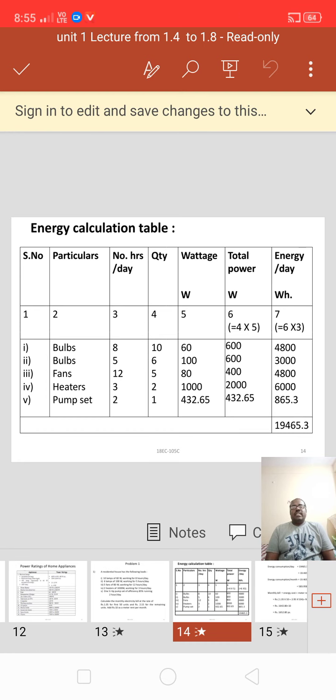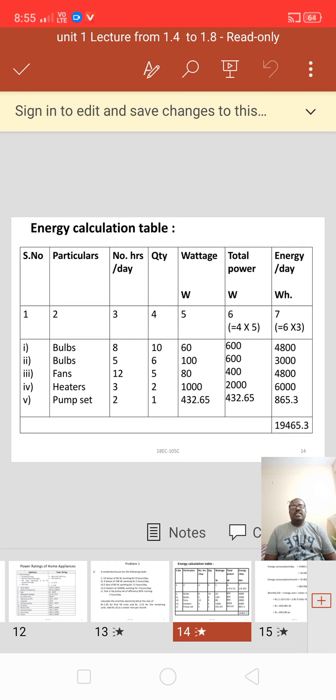Another type of bulb. It works for 5 hours per day. Its quantity is 6, wattage is 100 watts and total power is 100 into 6, that is 600 watts.